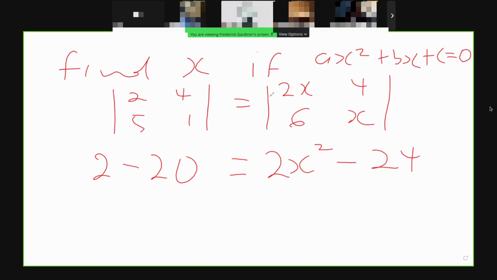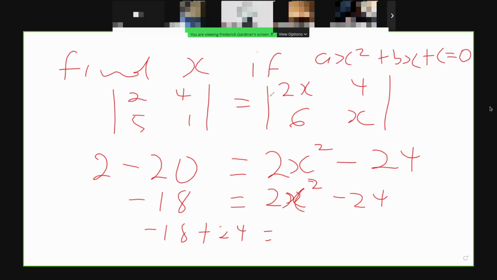In fact, this one is a quadratic, but we can even solve it straight away. When I move minus 24 to the other side, I'll get negative 18 plus 24 equal to 2x squared.